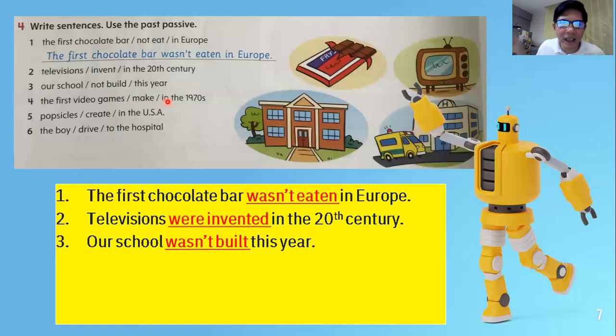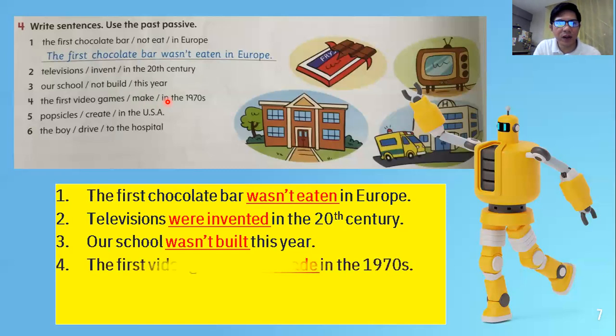Therefore, write down your answer. Okay, the answer is: the first video games were made in the 1970s.